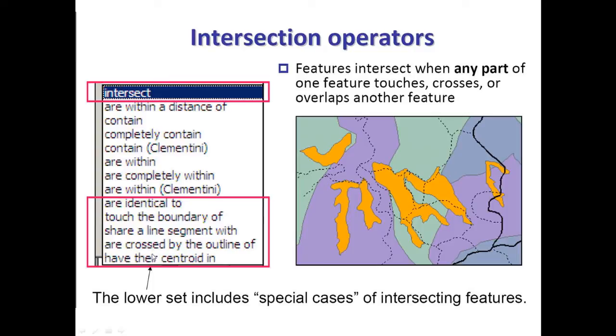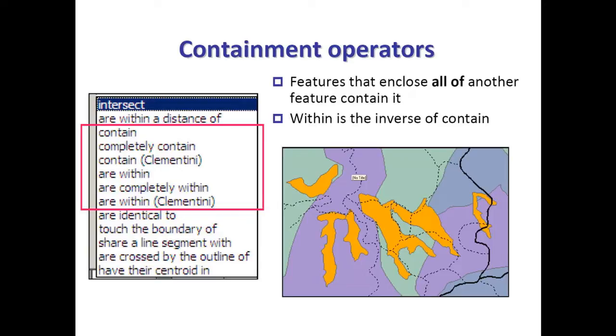So intersect is going to give you anything that's going to cross a polygon in any way, but if you want it to be much smaller and you want it to say only share a particular line segment, you can use these different operations. Sometimes you have to play around with your operators to get it to choose exactly what you want.